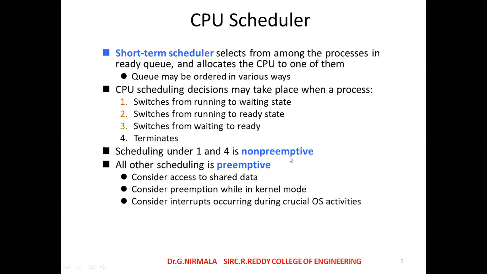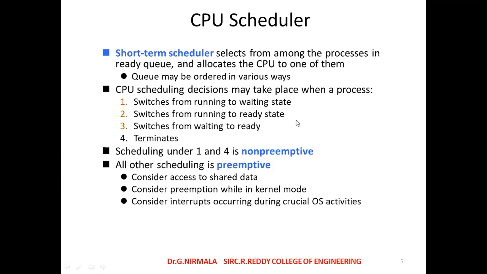Non-preemptive means once the process is allocated to the CPU, until entire completion of that process, the CPU stays with that process only. It may not be preempted. The CPU may not be removed from that process. That is called non-preemptive.